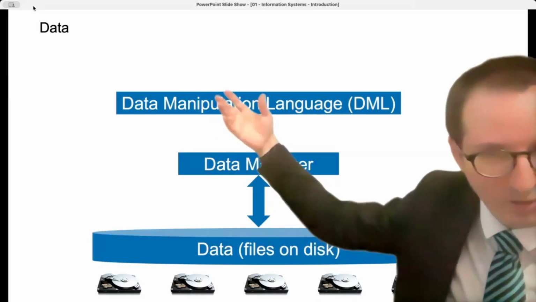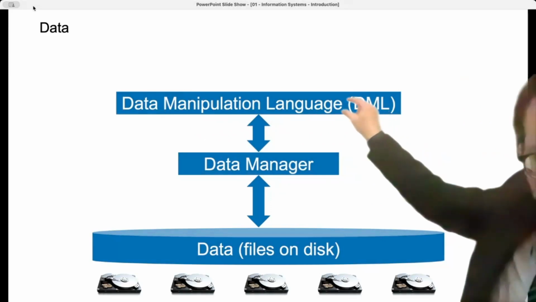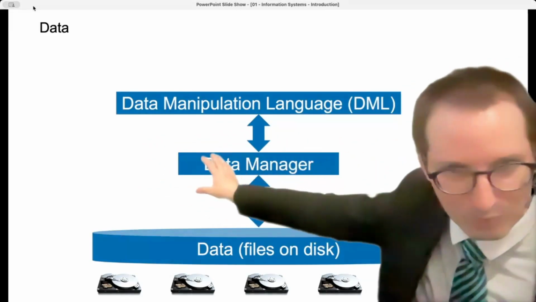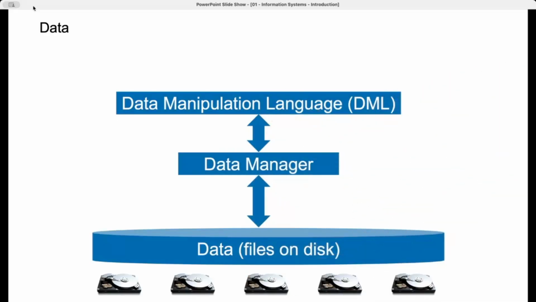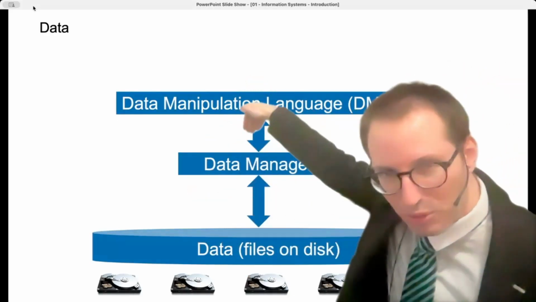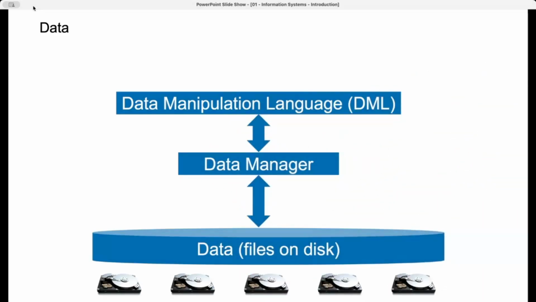All that means is they enter a query. But we call it DML, data manipulation language. And in the middle, that's the piece of software that you download, free and open source if it's PostgreSQL, and you interact, not directly with the disk, but going through PostgreSQL, the data manager, you interact with the data. So that's for the data.